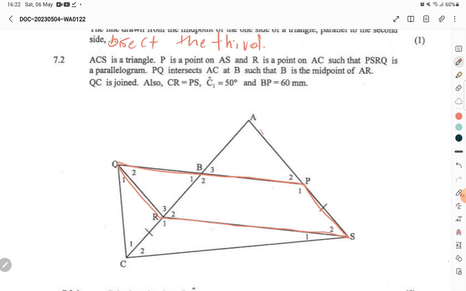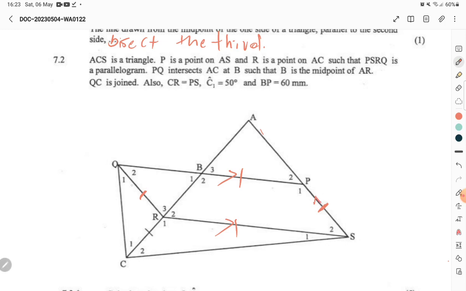Once we have a parallelogram, we just need to know that this side is parallel to this side, and they are also equal to each other. Then also this side is equal to this side, due to the fact that the opposite sides of a parallelogram are always equal. So this is the information that we get from this parallelogram.